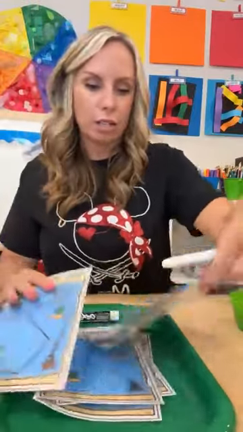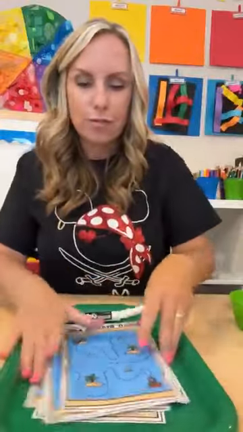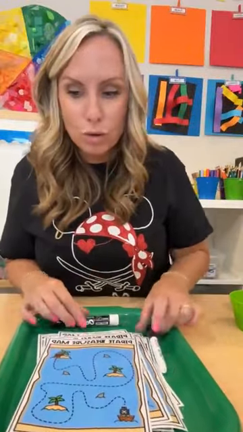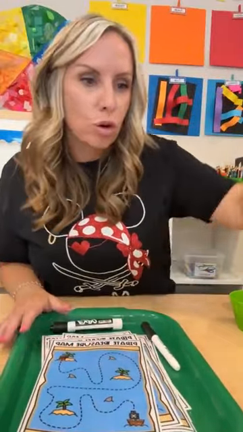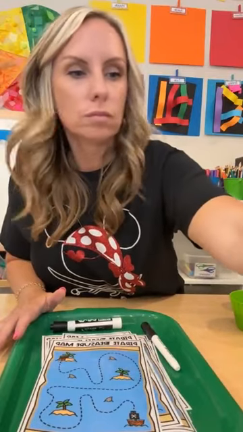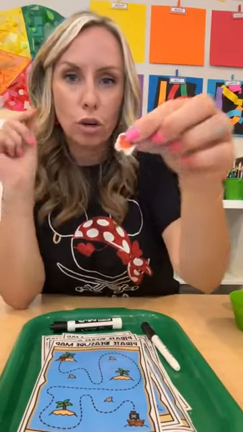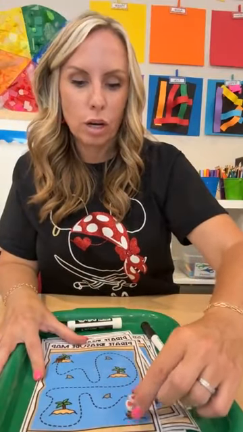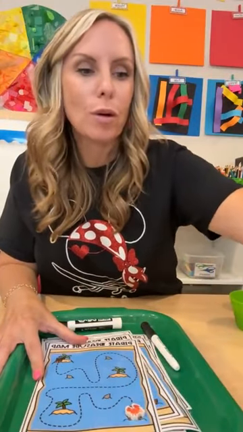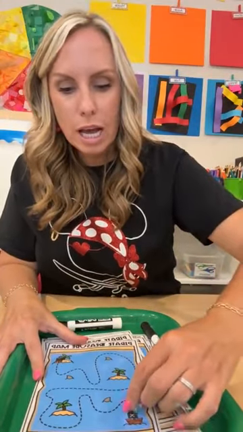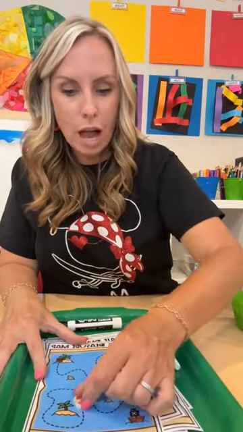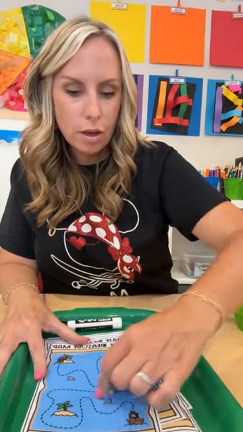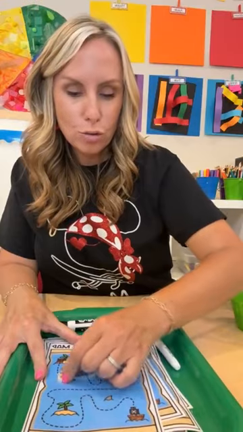We're going to pretend like I erased it because that takes time. Or if you want another option, you could put out a mini eraser, like a little crab, or maybe a fish or a turtle, whatever it is, and they can move that along the path to get to the treasure.